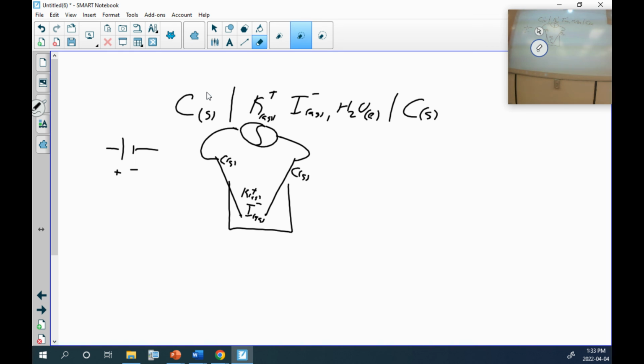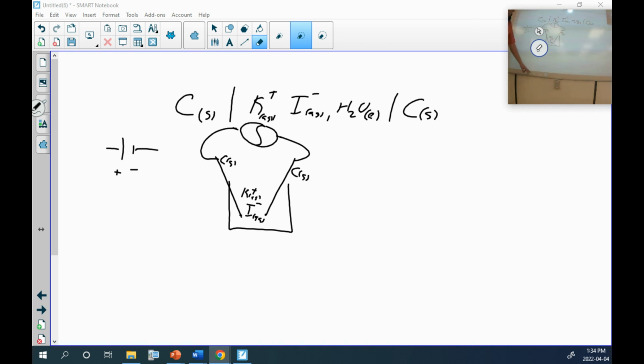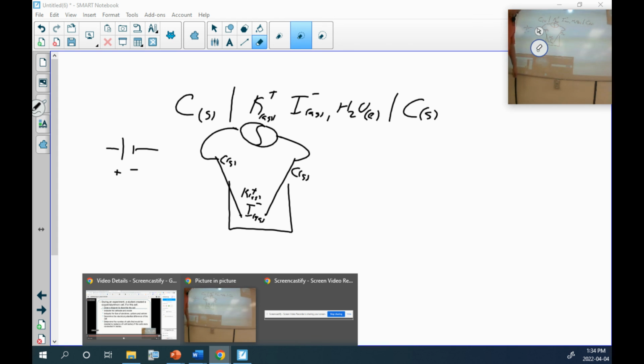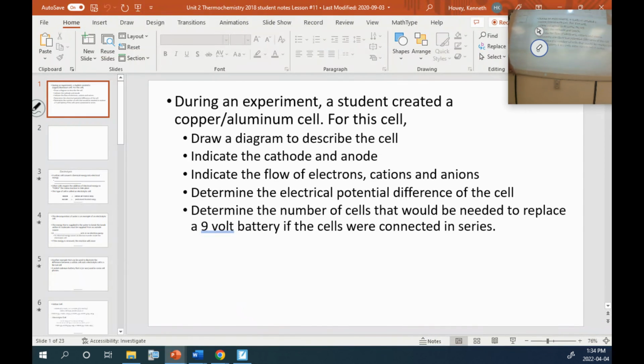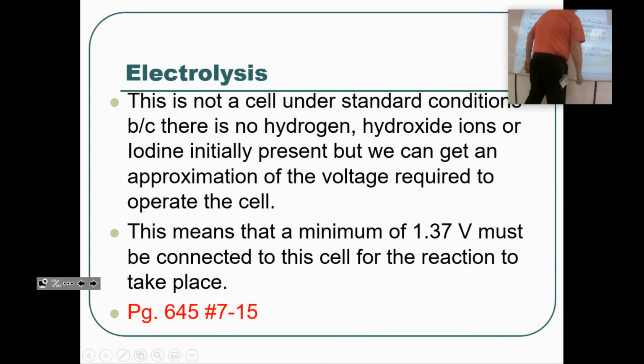So these are the types of things we would use electrolytic cells for. So there's our basic understanding of electrolytic cells.